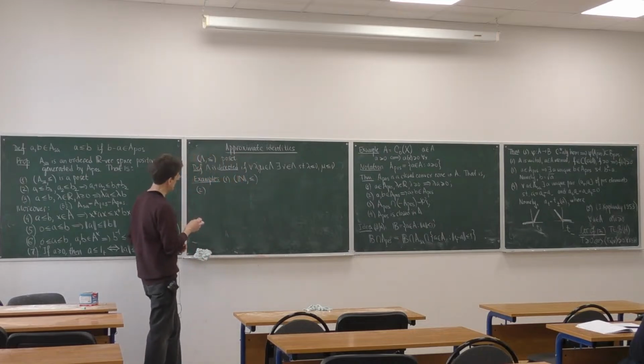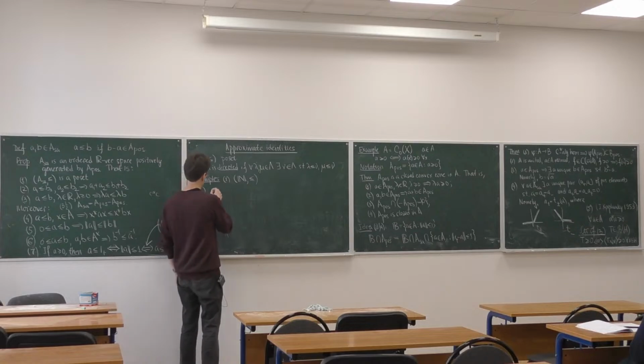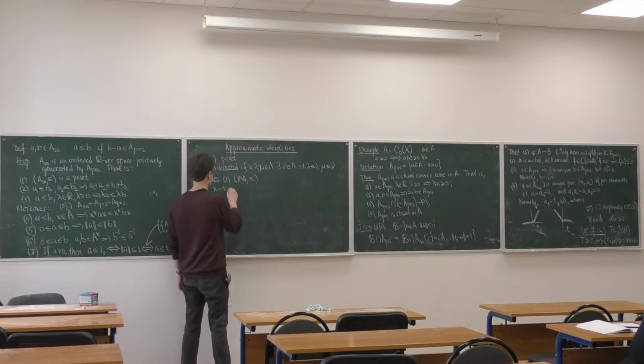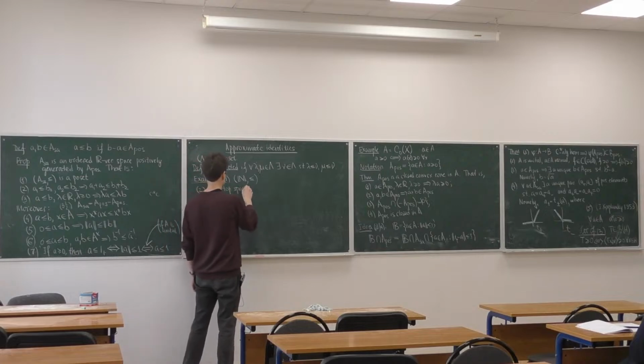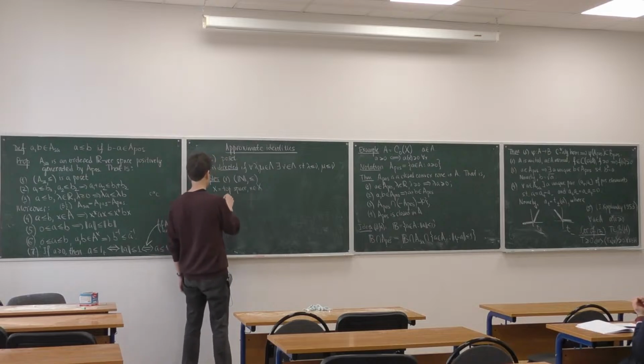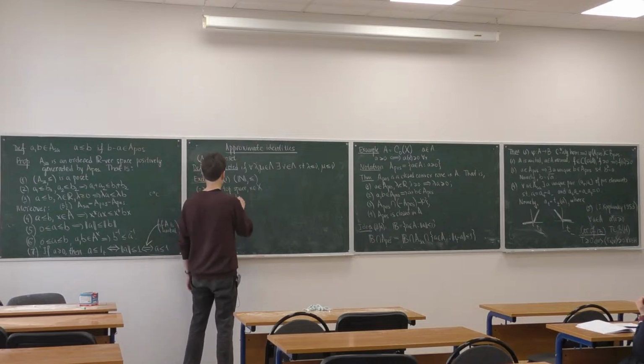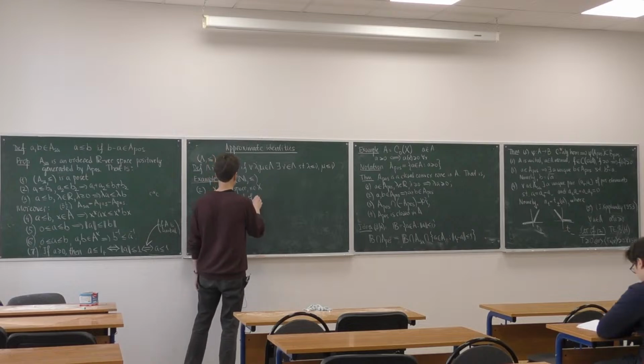Another example, which is also quite useful: we suppose that X is a topological space, and little x is a point in X. And we denote by lambda the set of all neighborhoods of this point.